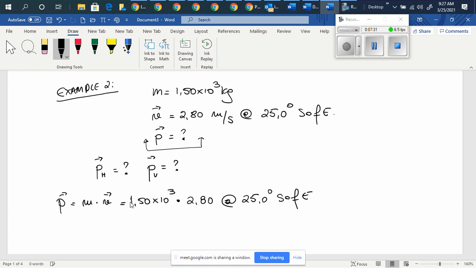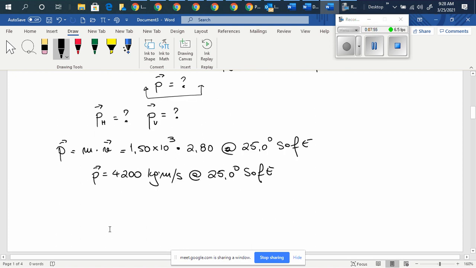So in your calculator, 1.50 times 10 to the power of 3 times 2.80 will be, what the calculator gives you as 4200 kilograms times meters per second at 25 degrees south of east.